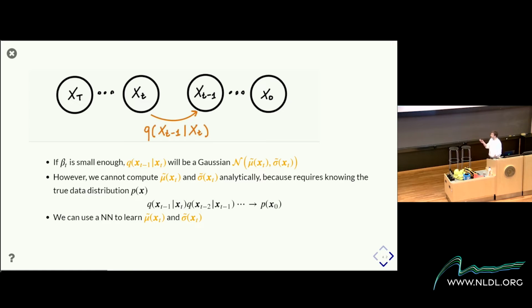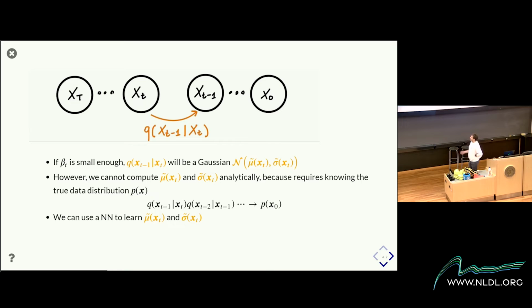If we start from Gaussian noise and beta of t is small enough, it means that the next step, x capital T minus 1, will also be distributed as a Gaussian. More formally, this posterior will be Gaussian with some mean that depends on x of t and some standard deviation that depends on x of t.